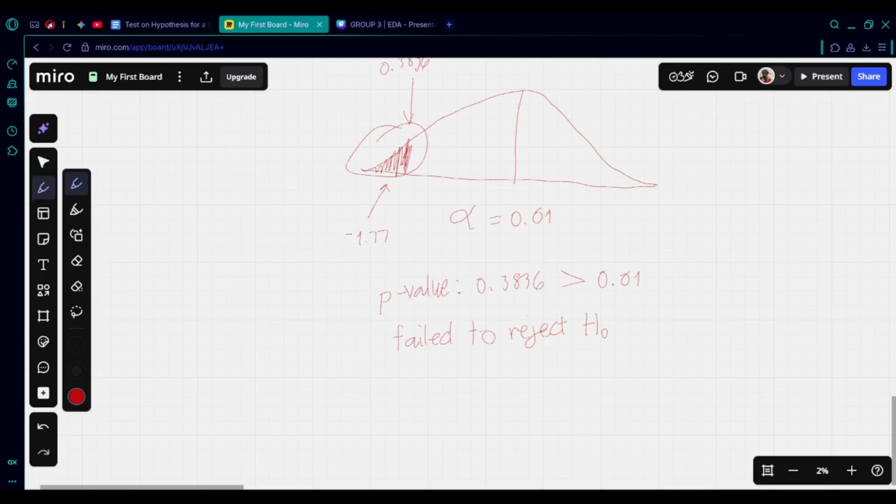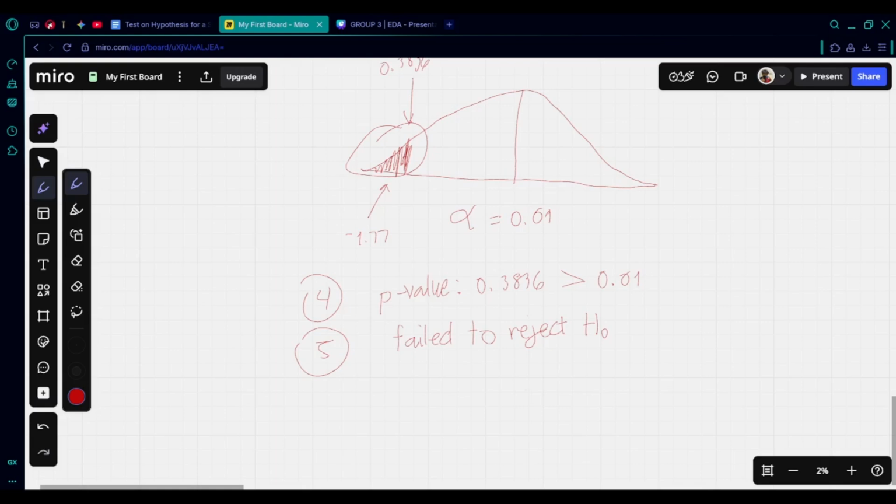Since this is step 4, we have computed our P value, and this is our step 5, since we failed to reject the null hypothesis. So how will we conclude that in step 6? What is the conclusion in step 6 in this problem, in short?